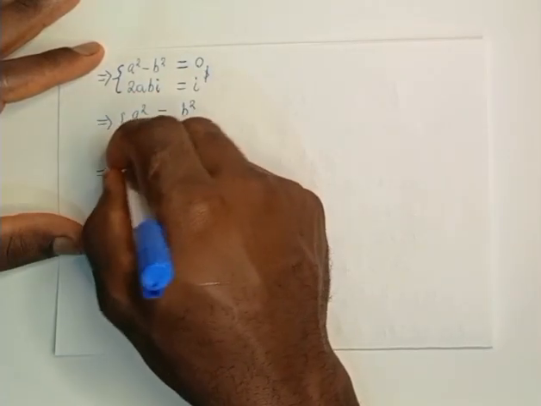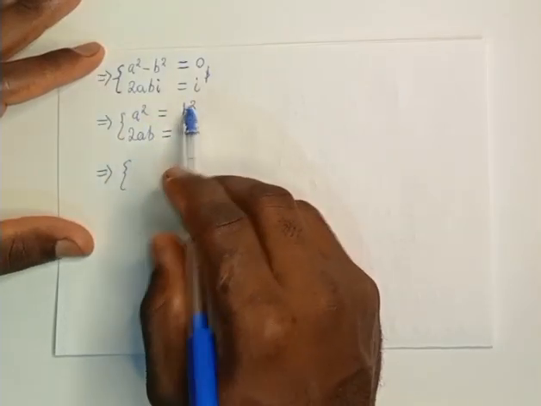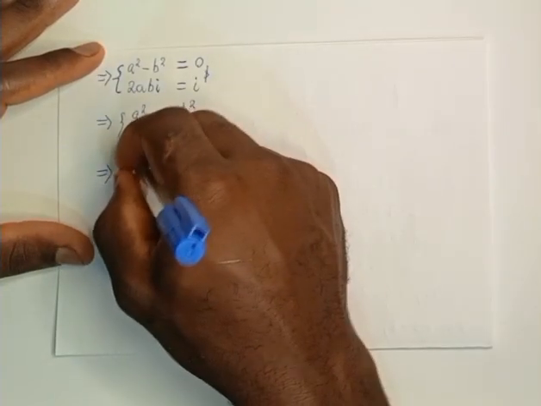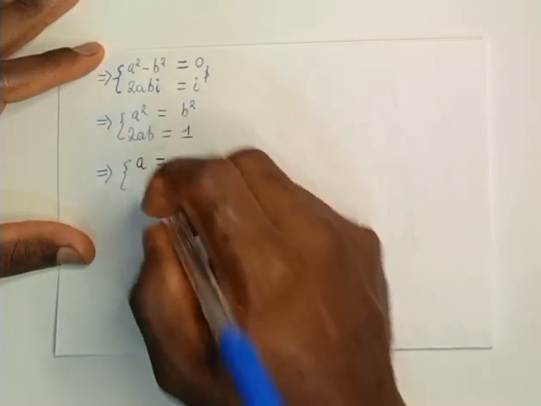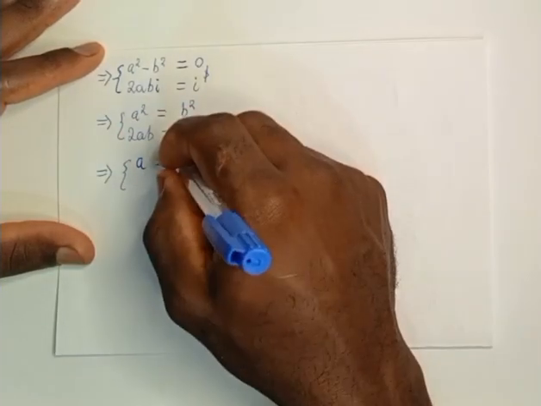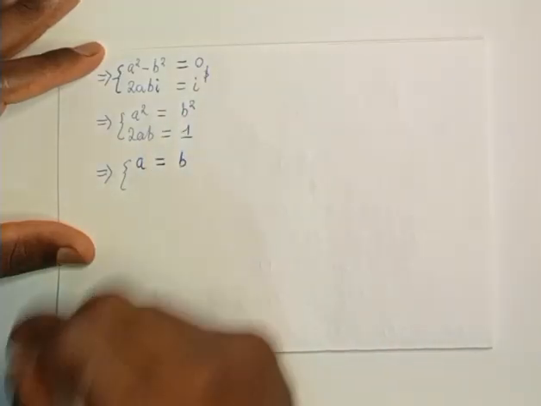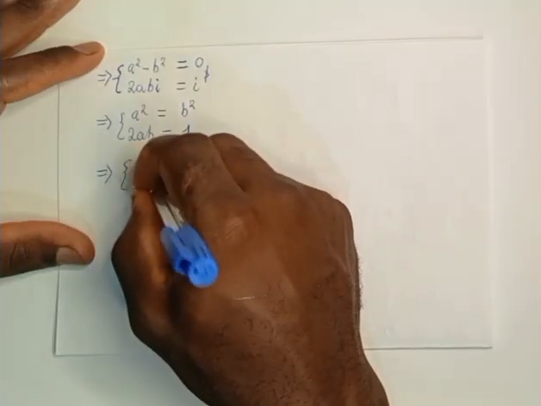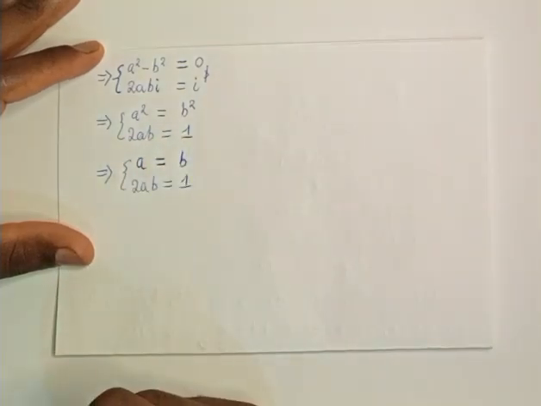Then a squared equal to b squared simply means a is equal to b. 2ab is equal to 1.